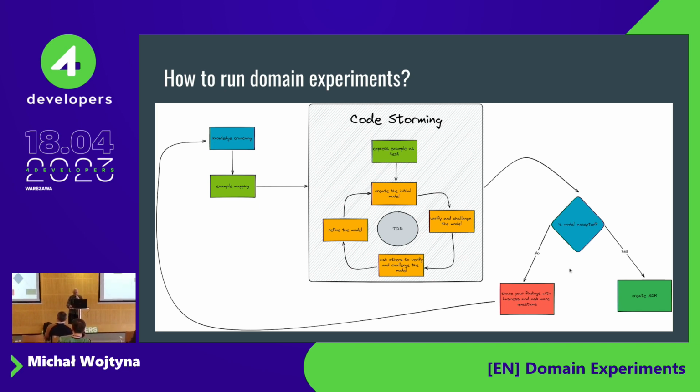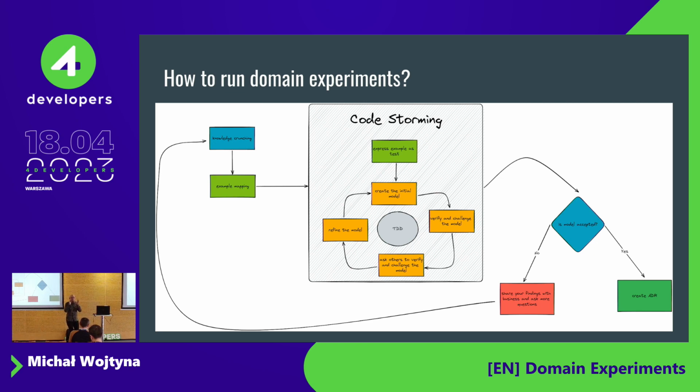Even if the model is not accepted, if we say, okay, it didn't work well, we can't say if it suits our needs, we didn't find anything yet, we have doubts about it, then we still have a lot of questions to ask our domain experts. We found some meaningful facts we need to establish.